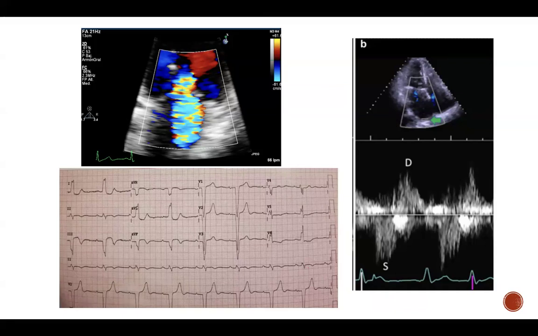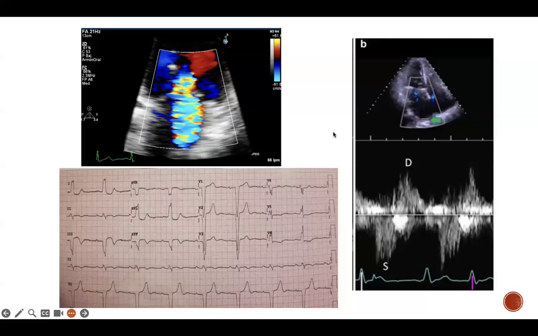Then echo, four chamber view shows the MR takes more than 50% of the left atrium. It is central.